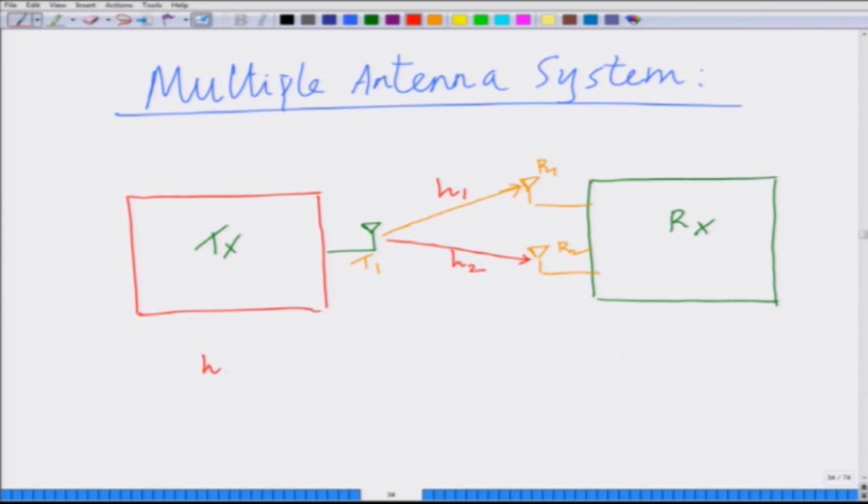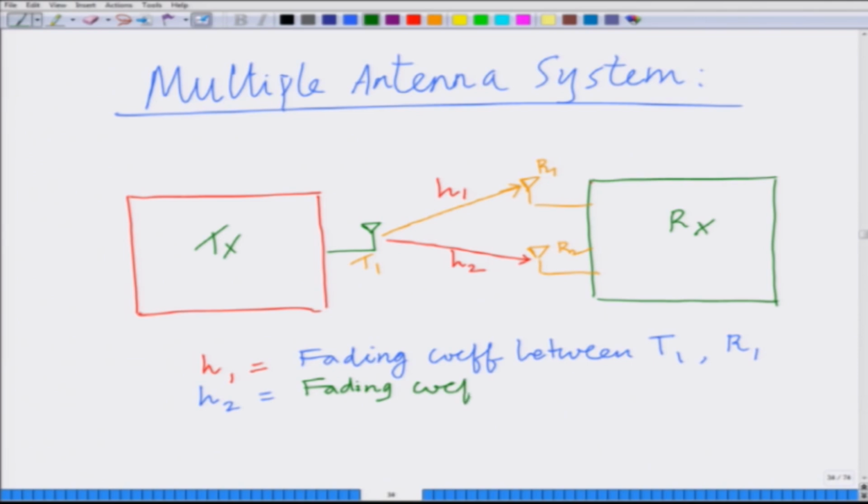So, H1 is the fading coefficient between T1, R1, transmit antenna 1 and receive antenna 1. H2 is the fading coefficient between T1, R2.